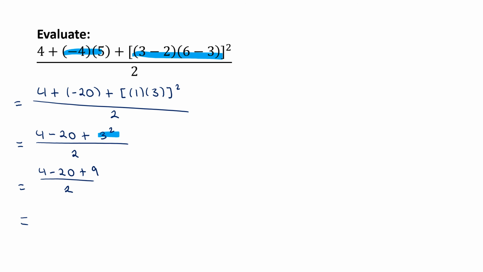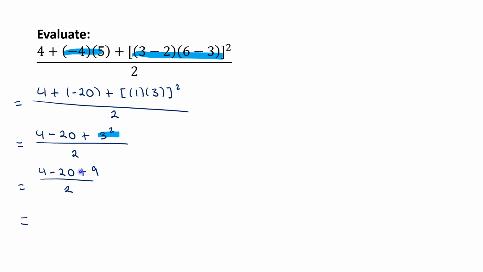And now the next step, after exponents, it's division and multiplication, which we don't have any of except for this division. But since these are technically in brackets, since the top and the bottom are separate, we do this later. We have to do the top and the bottom first, and then we divide. So that means we do addition and subtraction on each of the sides, top and bottom.